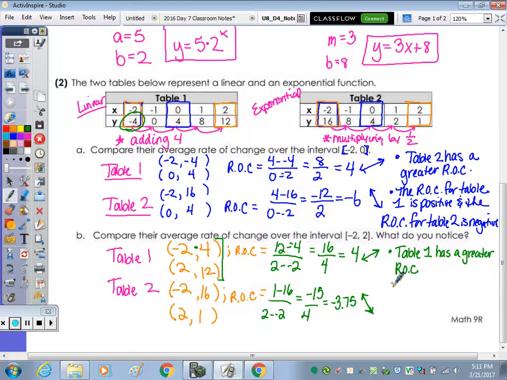And then table 2 has a negative rate of change. Okay, and table 1 has a positive rate of change.